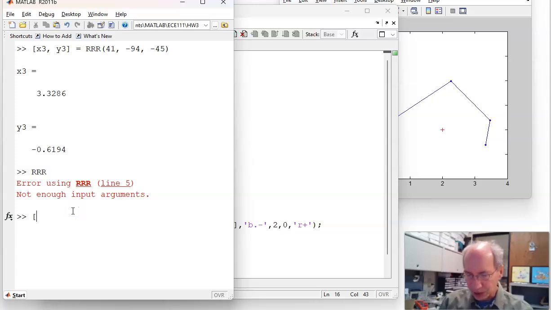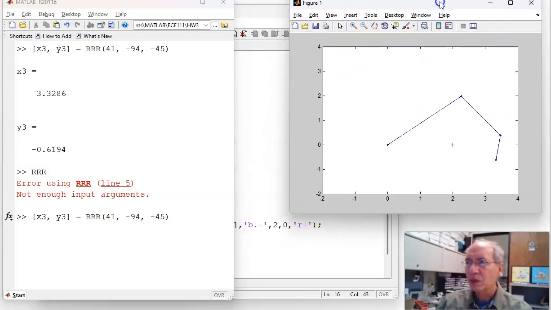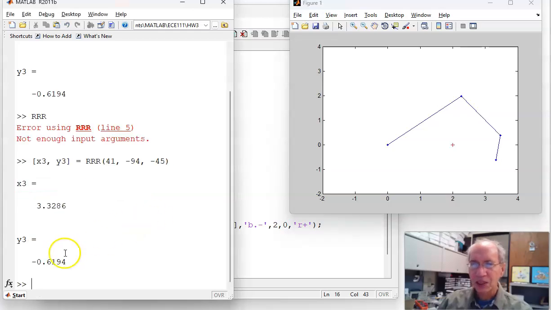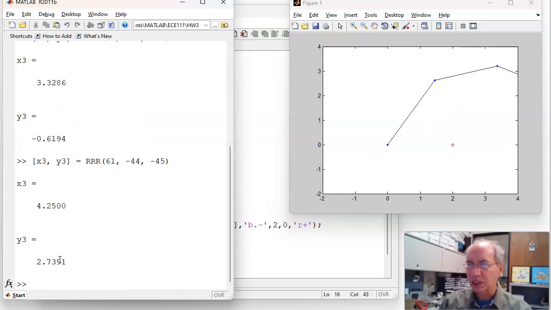I can say what is, if I have these angles, where is the robot? And it says the tip is at 3.3 meters, minus 0.61 meters. And just for fun, I drew it. If I give it different angles, let's try 61 degrees, minus 44 degrees. Now that's where the robot is. That's forward kinematics.